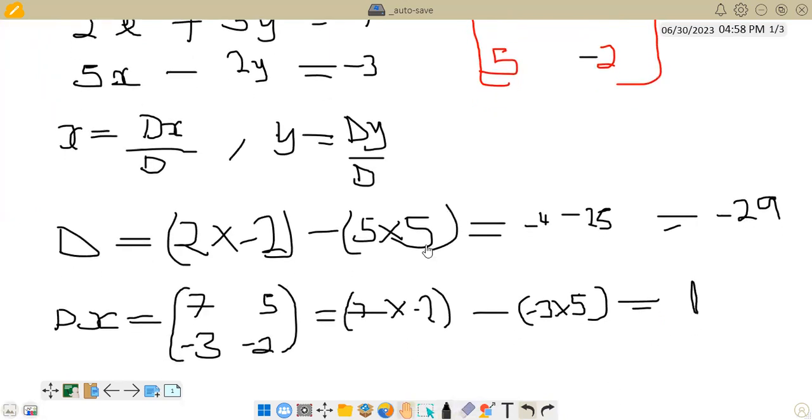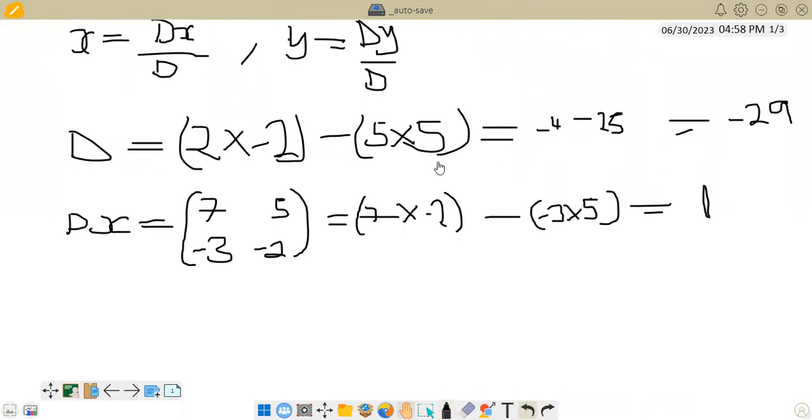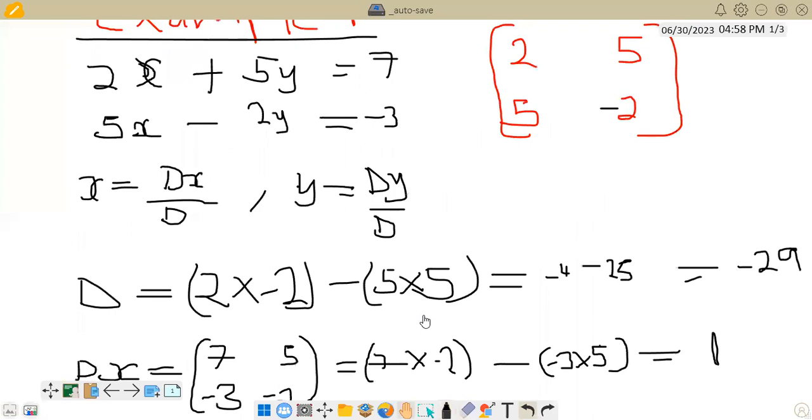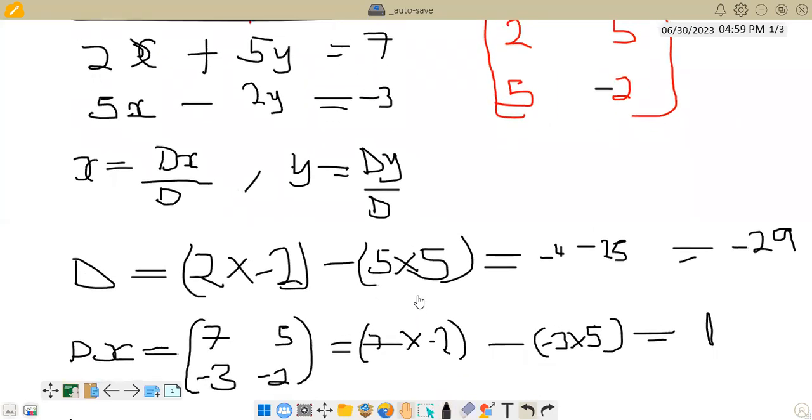So let's find dy. So dy, first of all, we need to construct the matrix. It means the coefficients of x will remain the same, but now when it comes to y, the coefficients of y will be replaced by the results of the equations.